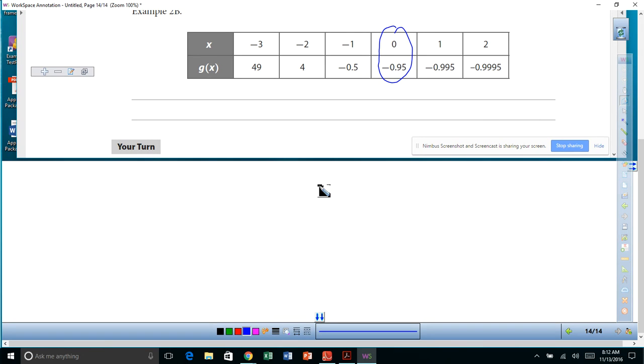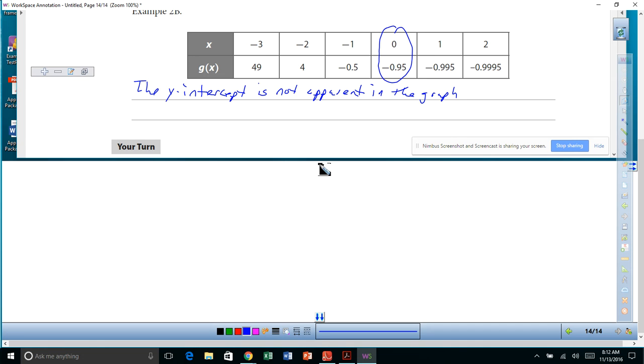So let's see here. The y-intercept is not apparent in the graph. But in the table it's right there.